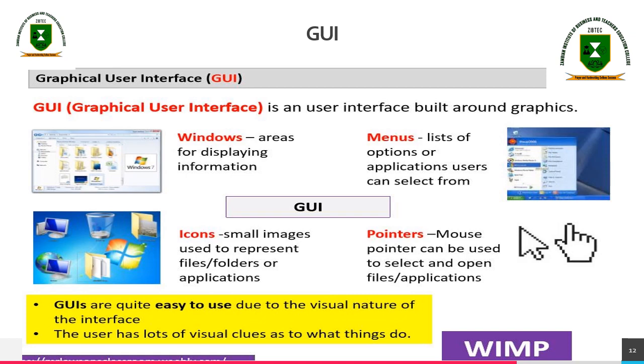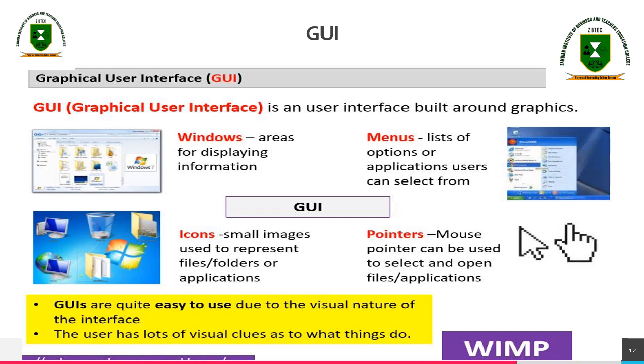There's also a list of options or applications users can select from. This is for Windows 7. Also icons, which are small images used to represent files, folders, or applications. When we talk of icons, we are simply talking about files that are identified by a picture.